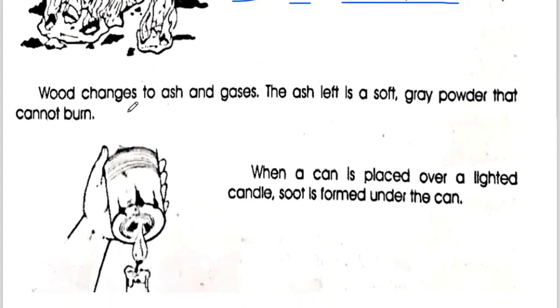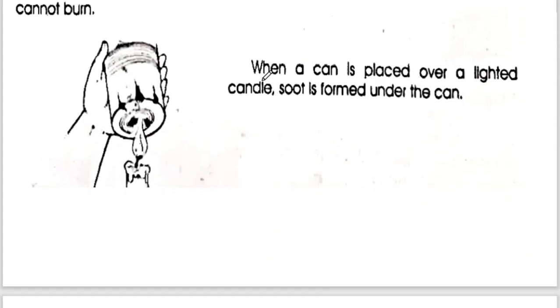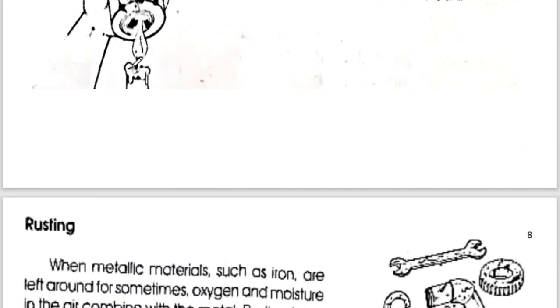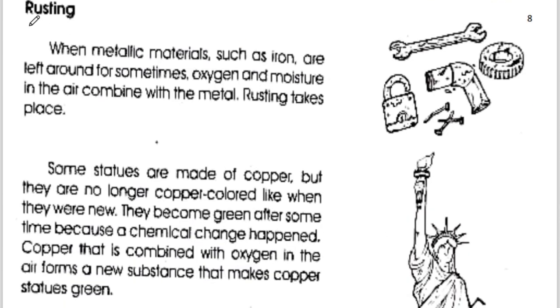Next, wood changes to ash and gases. The ash left is a soft gray powder that cannot burn. Another, when a can is placed over a lighted candle, soot is formed under the can.